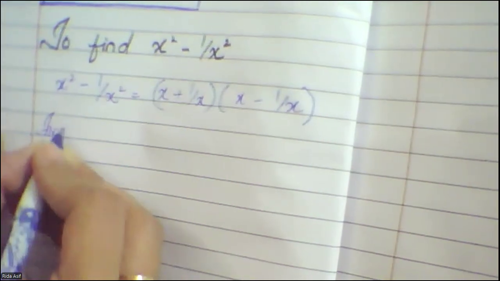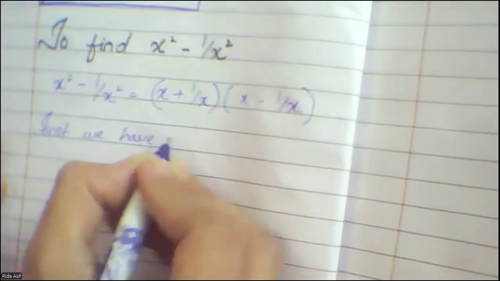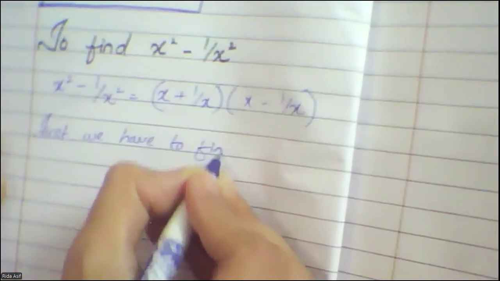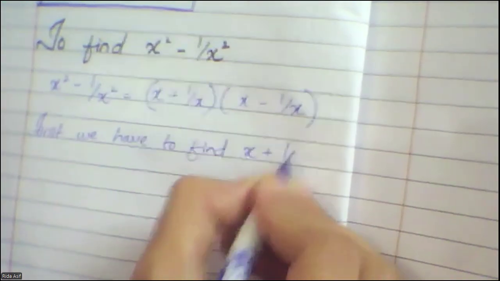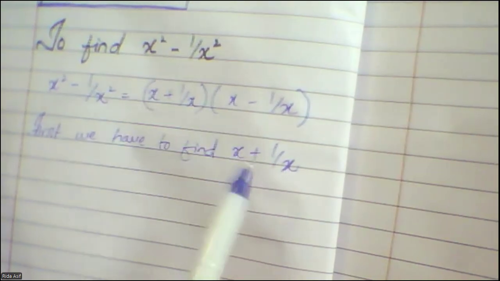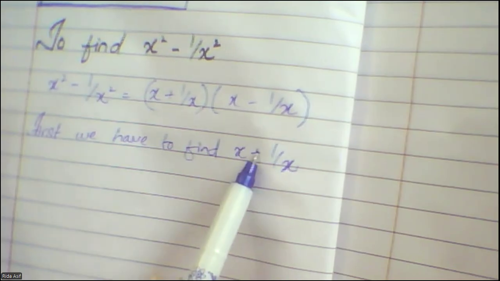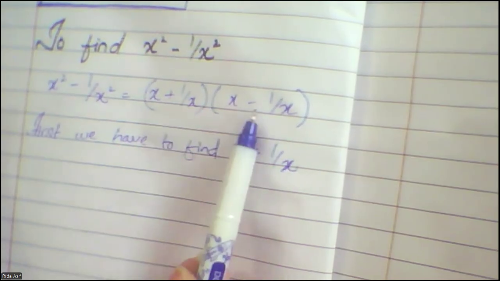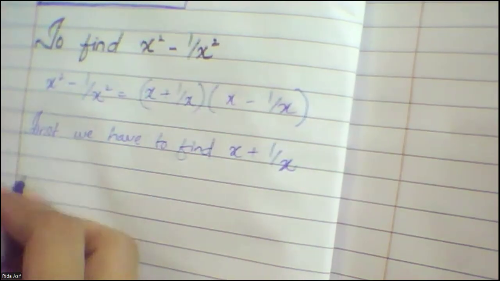First, we have to find x plus 1 upon x. Correct? After getting the value of x plus 1 upon x, we will put the answer over here. X minus 1 upon x is already given, right? So let's find it out.